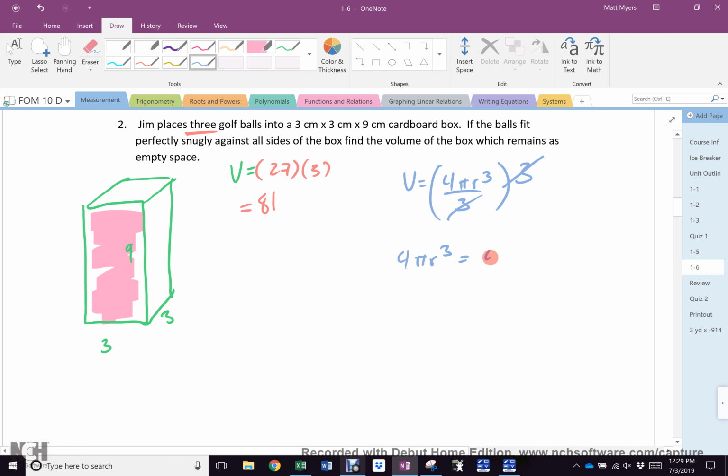Because the first part's easy. 4 pi. Then I need an R cubed. What's R? Talk to your neighbor if you don't figure it out. Read the question. All the information is in the question. Then when you think you have the R, figure it out.